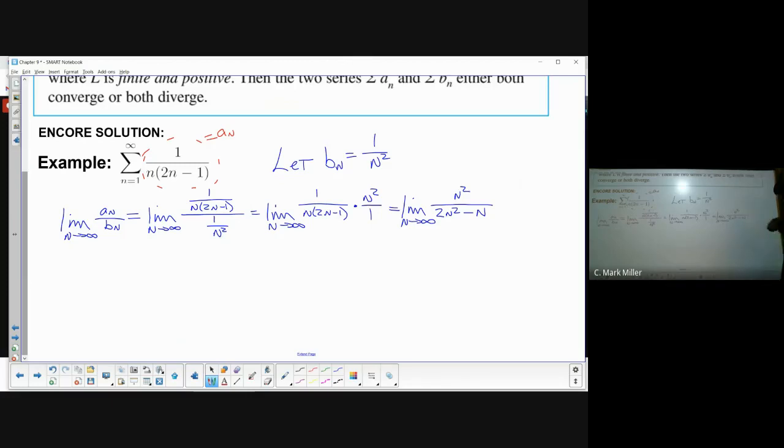How do you evaluate that limit? We've learned at least 2 ways of evaluating that limit right now. It's infinity over infinity. That's a hint. Easiest way is L'Hopital's.